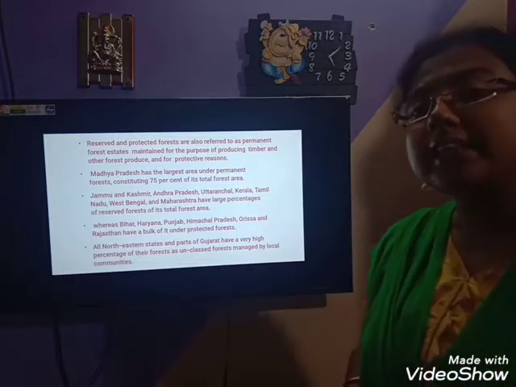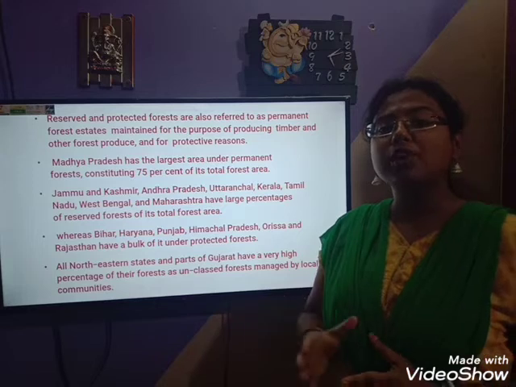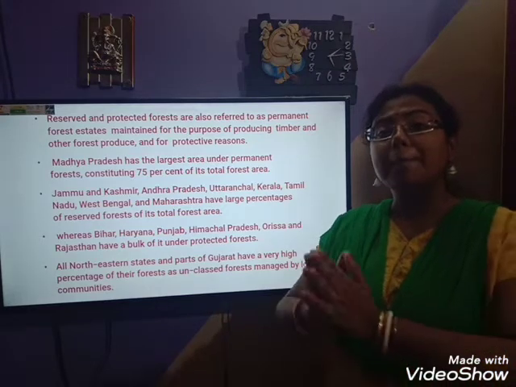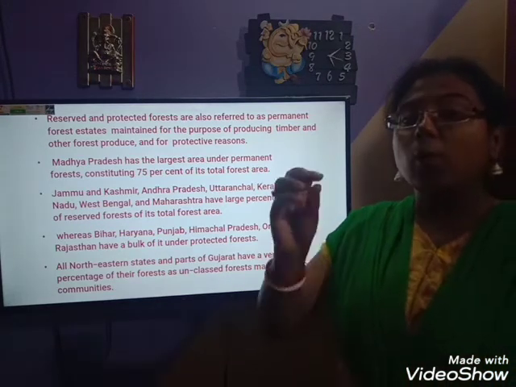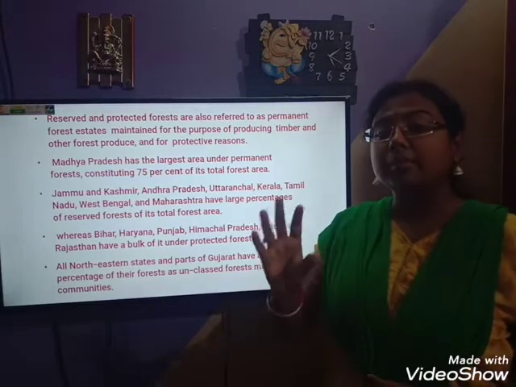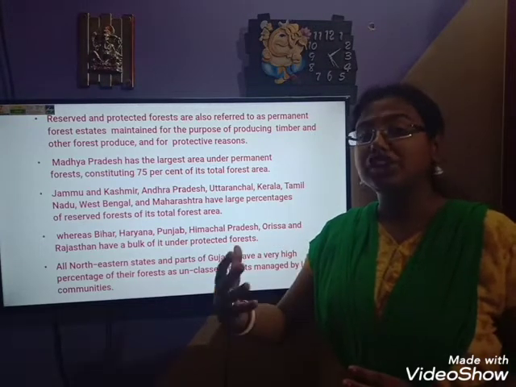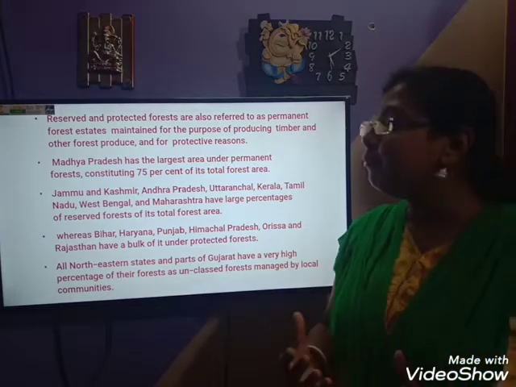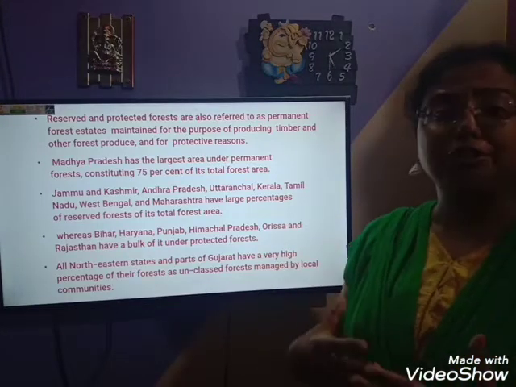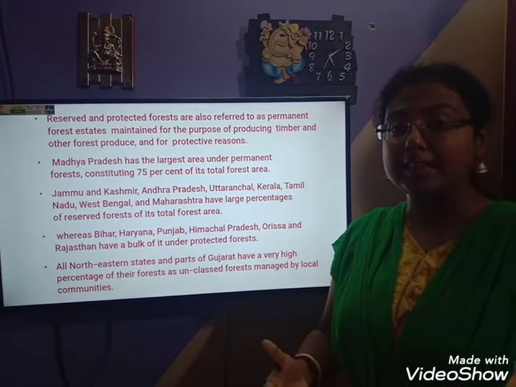The government says that reserve and protected, both types of forest, are permanent forest, where the government can also use the forest for some commercial purpose, like producing timber, some other forest product, or sometimes to produce medicine.